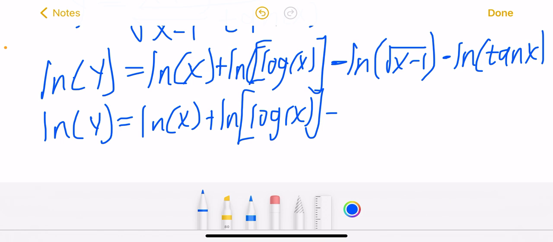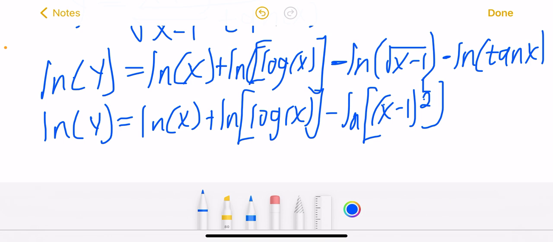We know the square root is equal to the power 1 over 2. So this means we can have ln of x minus 1 to the power 1 over 2, minus ln of tan x. Okay?